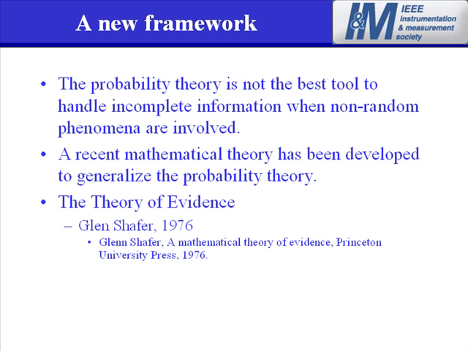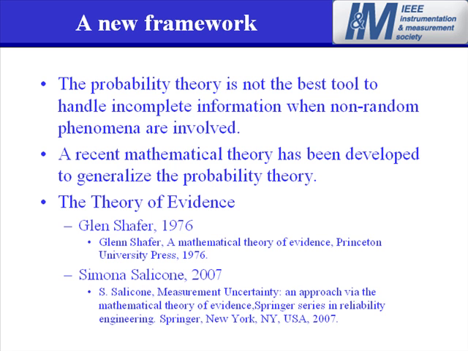Very recently, it has been applied to express and process uncertainty in measurement. And you can find a very interesting report of this approach in another book, that of Simona Salicone. As you see, there is still a lot to work on measurement uncertainty to gain a better knowledge about our measurement results and advance in the fascinating field of measurement science.